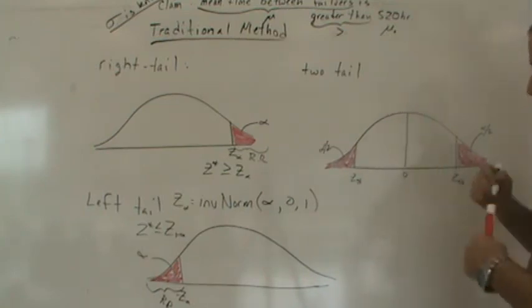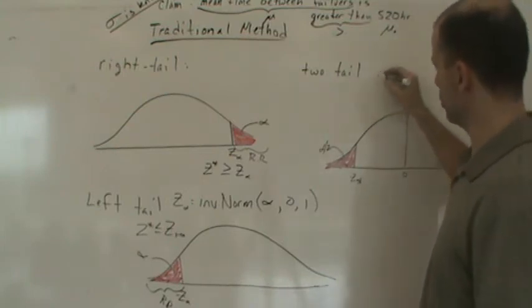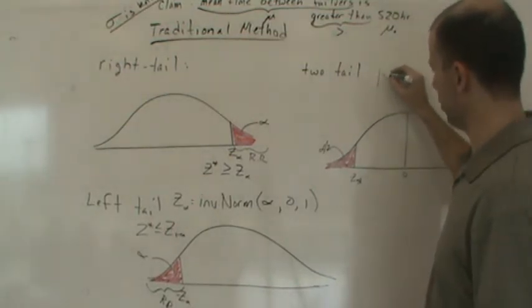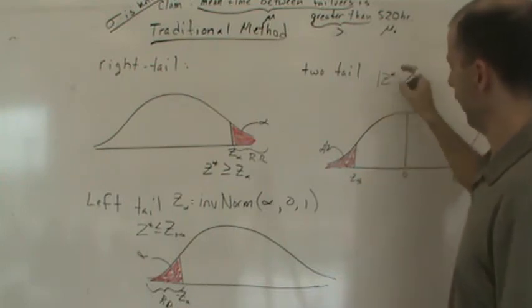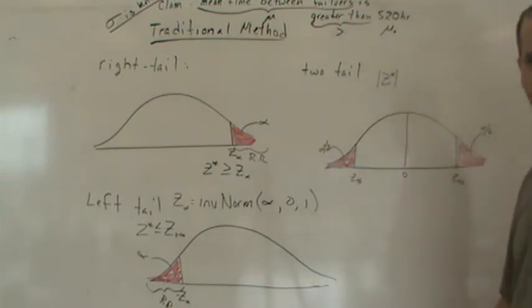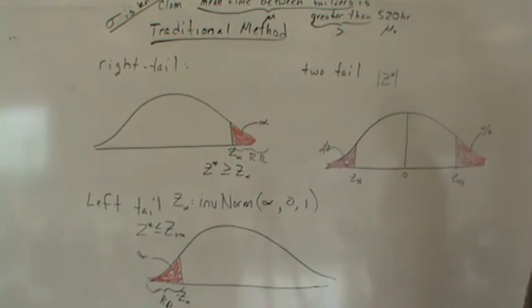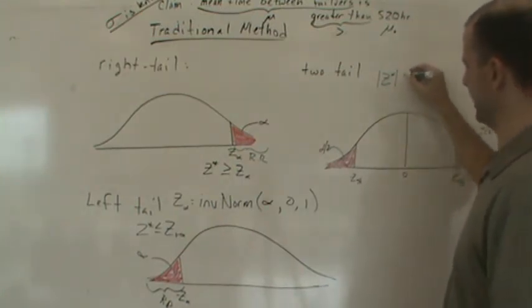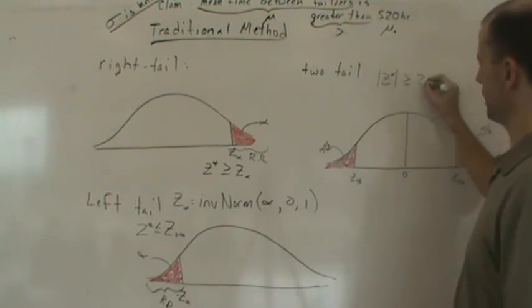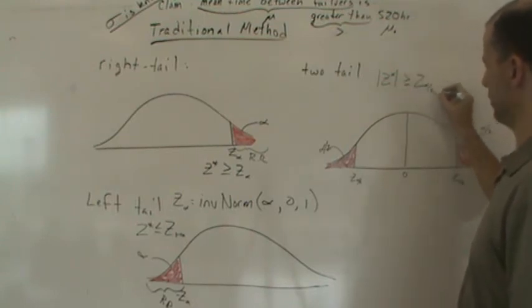For this test, we reject if the absolute value of our test statistic is bigger than or equal to the positive z alpha over 2.